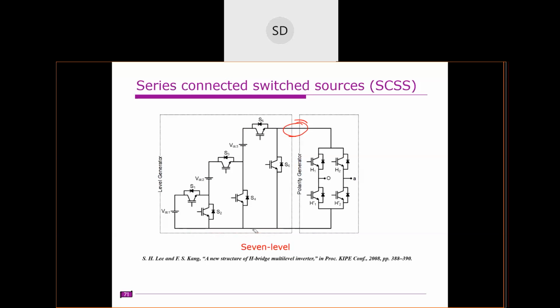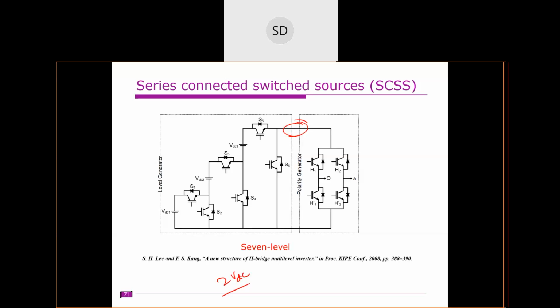If you want only VDC2 plus VDC3, which switches do we need to trigger? S2, S3, S5. Similarly, for VDC3, S4, S5 we need to trigger.